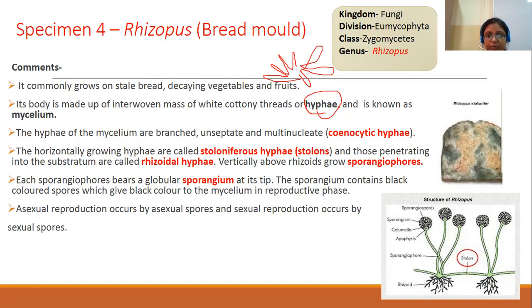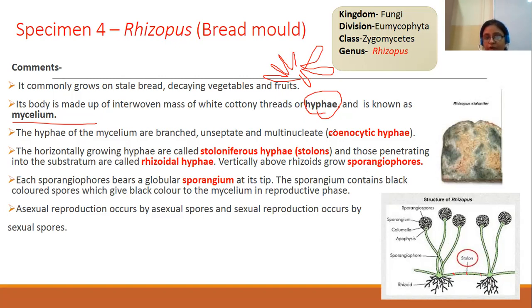So here you can see the mycelium. Fine. Now, in this case, the hyphae of this mycelium are branched. Here you can see the branches, but it is unseptate. When there is no partition wall or septa present in it, then all the nuclei bathe in the common cytoplasm.